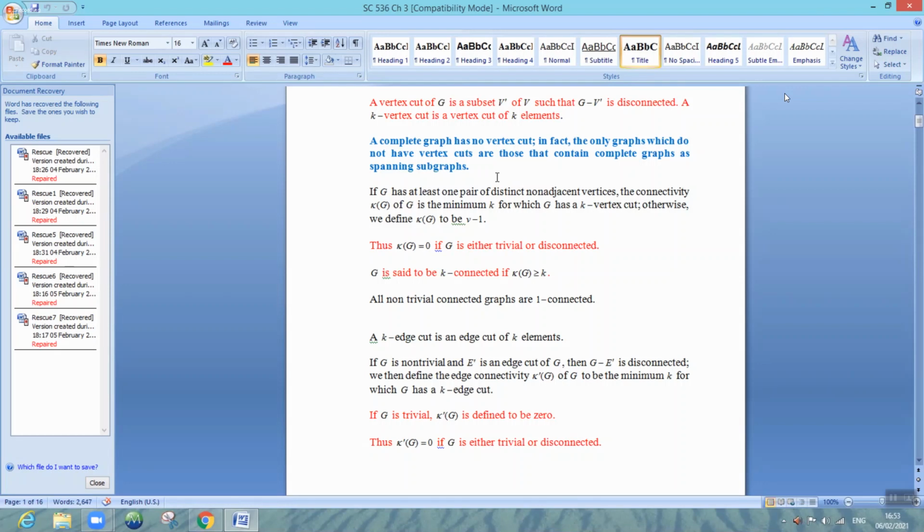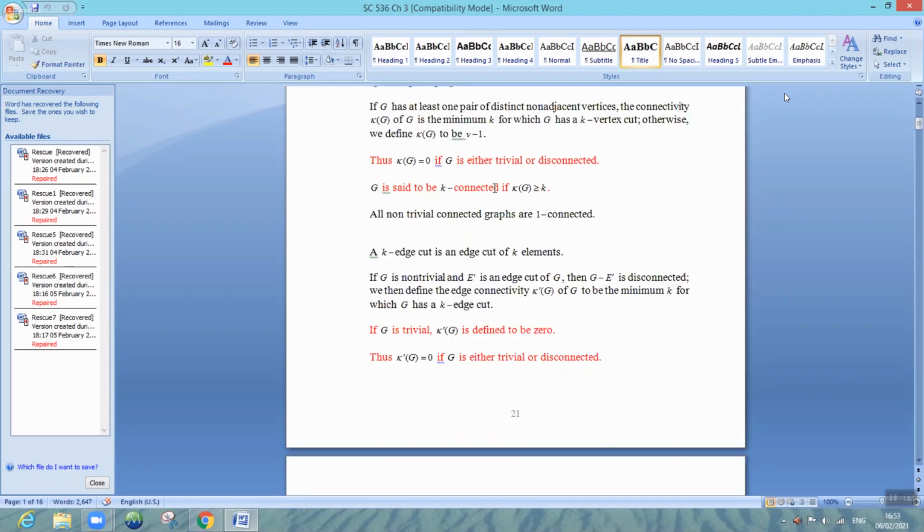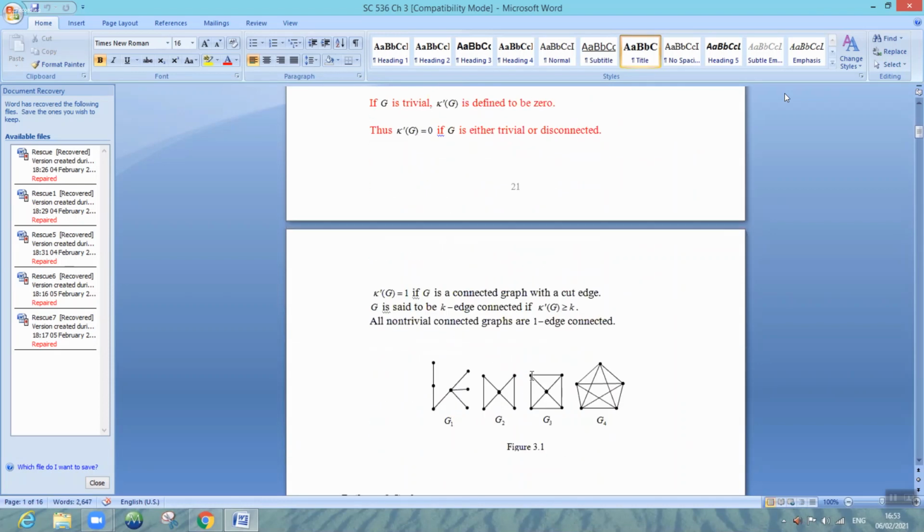Now we go to the next para. If G has at least one pair of distinct non-adjacent vertices, here non-adjacent means this and this. These are not adjacent, and these are not adjacent. So this vertex and this are non-adjacent.